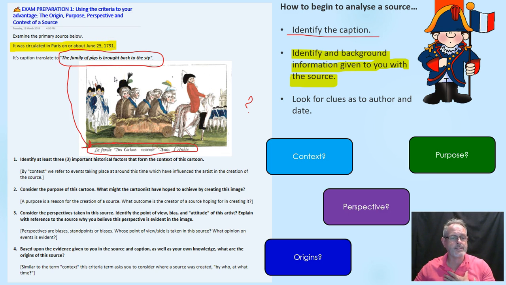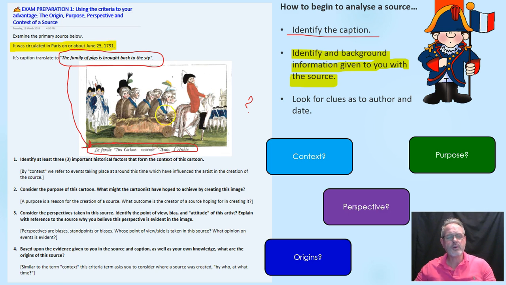That's my context. I've got a few events there that I could talk about, and this seems to match. I can see Louis here, who appears to be the Queen, and the rest of the royal family and their entourage here being depicted as pigs, being brought back to the sty. What's the sty? Their palace that they were held hostage in, called the Tuileries in Paris. Okay, so that's making some sense to me then.